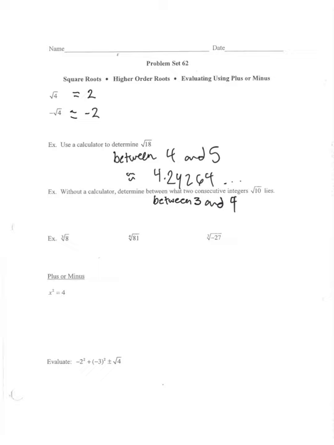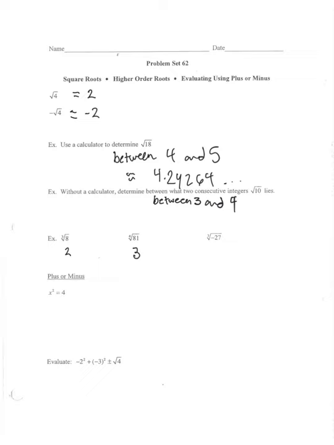So in the case of 8, the cube root of 8 is 2 because 2 times 2 is 4, times 2 again gets me to 8. All right, fourth root of 81. I got to think of the thing that multiplied by itself 4 times to get me to 81. Well, that thing would be 3, because 3 times 3 gets me to 9, times 3 gets me to 27, times 3 again gets me to 81.